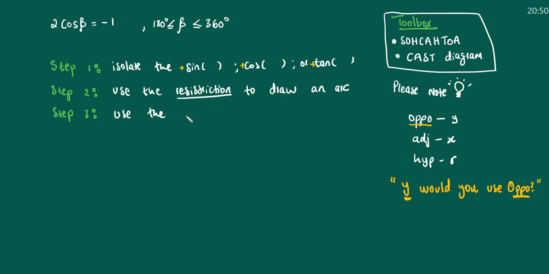Here we said the restriction, here we are saying use the sign of the ratio to draw the diagram. Obviously, here you're going to make sure that you use the bow tie method.